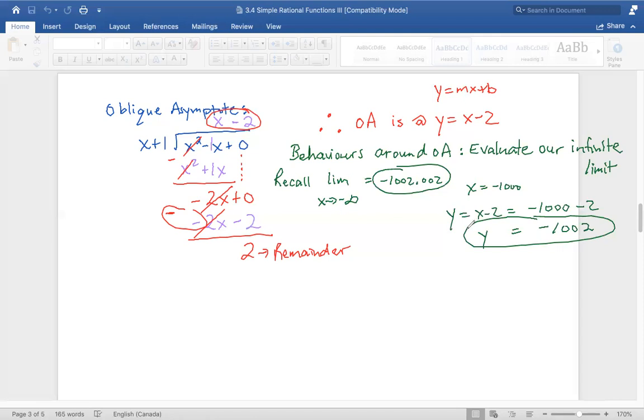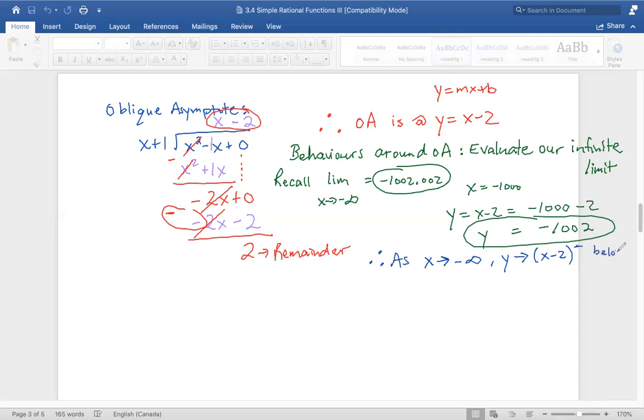And this is the value of y on my oblique asymptote. So this is a little bit smaller, right? This value is a little bit larger. So as x is approaching negative infinity, my y is going to approach this oblique asymptote, the equation of x minus 2, and it's going to be approaching from below.